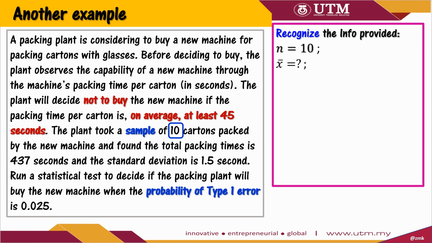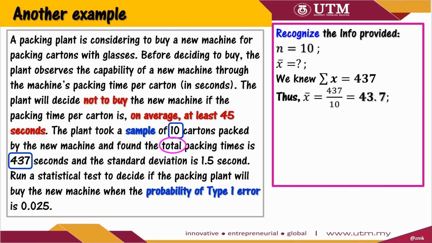What we know from the question is the total packing time is 437 seconds. In notation, we can write the sum of x is 437. Therefore, the sample mean is the total 437 divided by the sample size 10, which gives us 43.7 seconds.